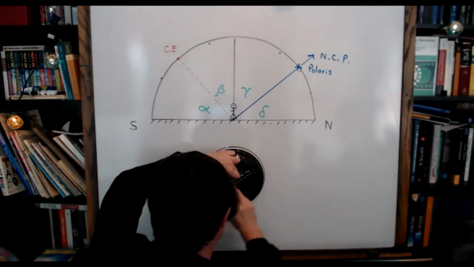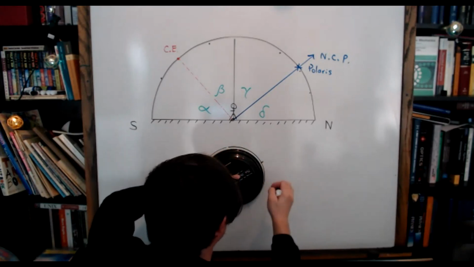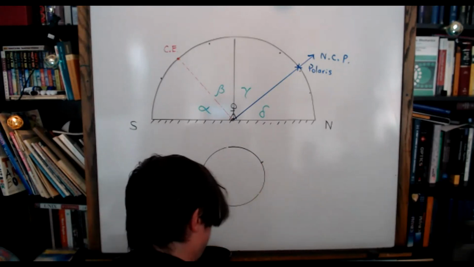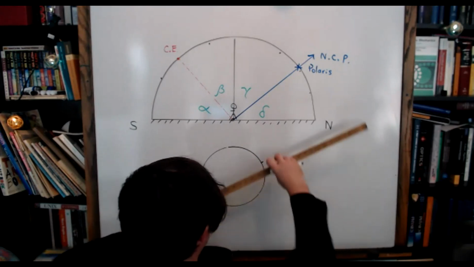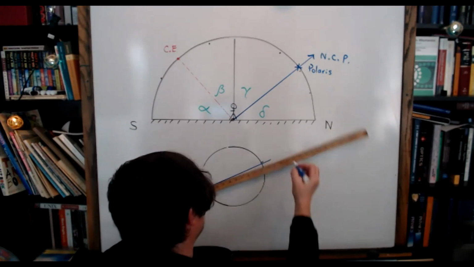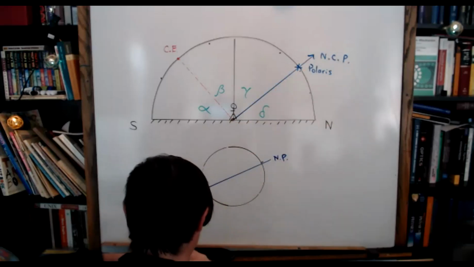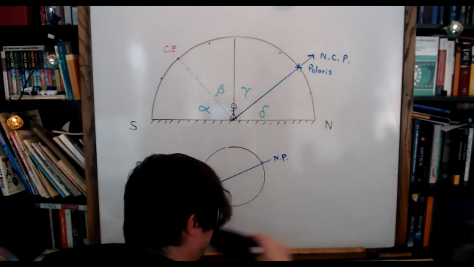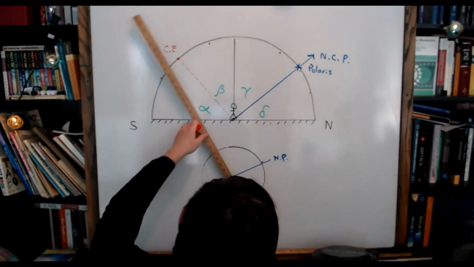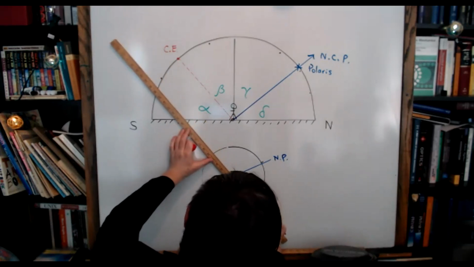here's my circle. So let's say I draw Earth, and then in the same direction, I draw the North Pole, like so. So this is the North Pole of Earth. And then I draw the equator perpendicular to that. Okay? Ooh, I didn't really do a good job of this here.